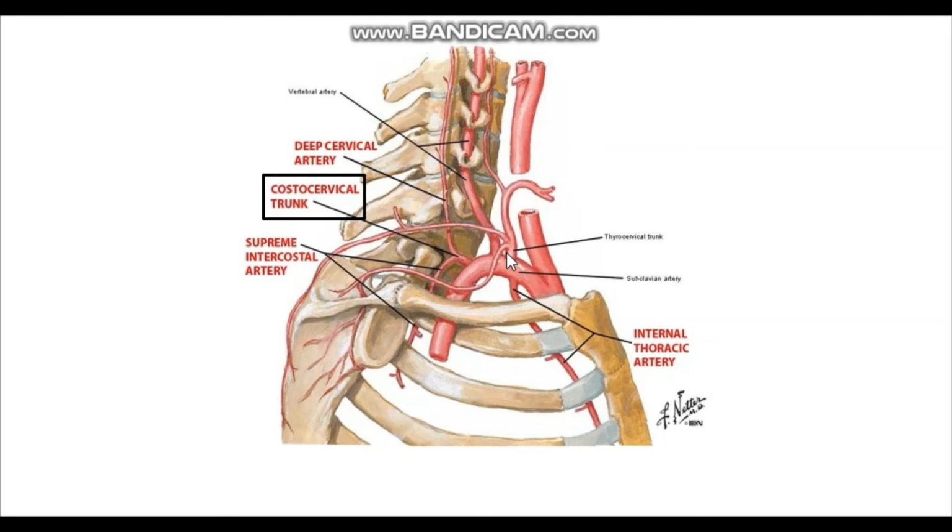The next branch of the subclavian artery is located inside the interscalene space. It is just one artery, the costocervical trunk. That artery goes dorsally, and at the level of the neck of the first rib, it divides into two branches.